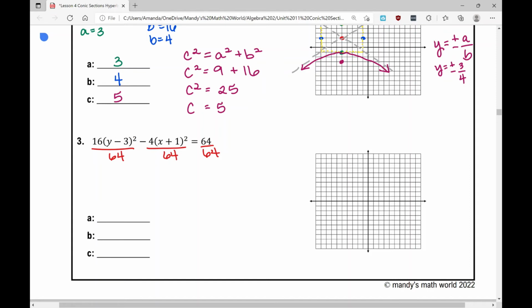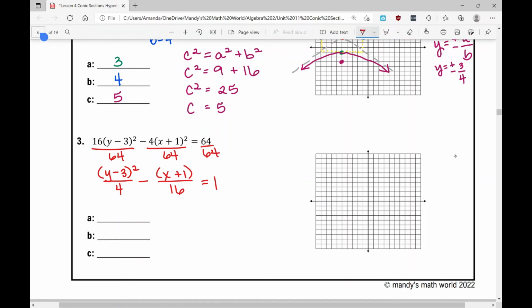16 divided by 64 is 1/4. That's what it simplifies to. So I can rewrite this as y minus 3 squared over 4 minus 4 divided by 64. That simplifies to 1/16. So I can write x plus 1 over 16 equals 1.